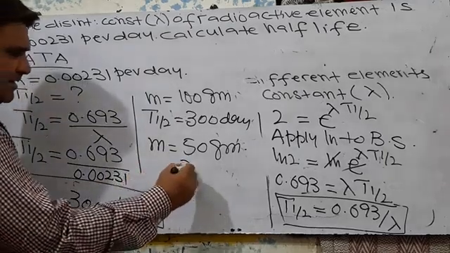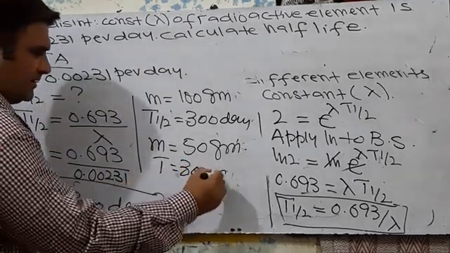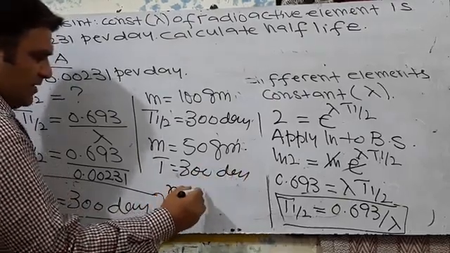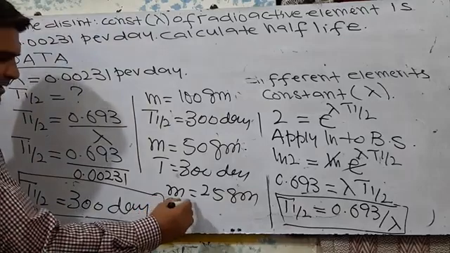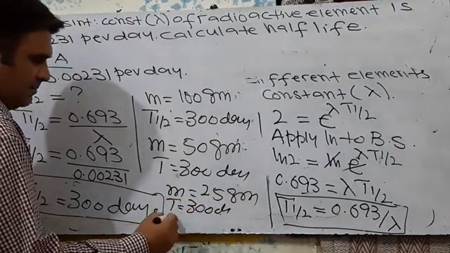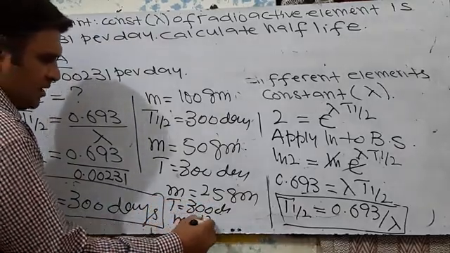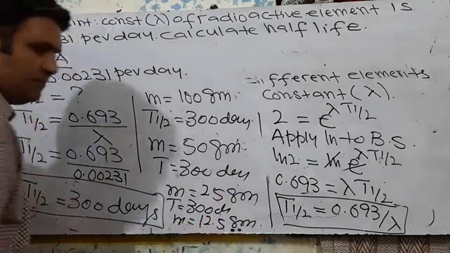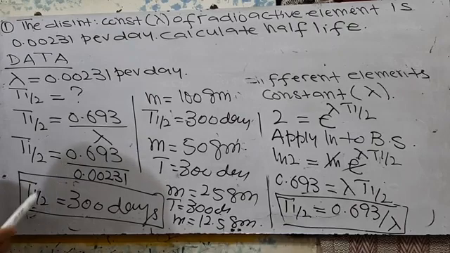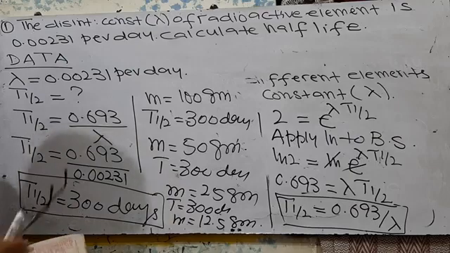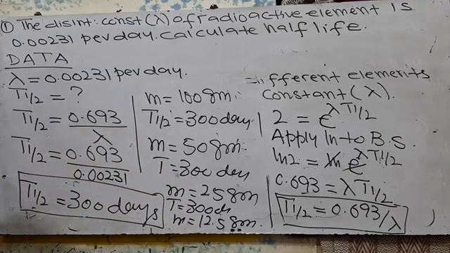After 300 days, its mass will be equal to 25 gram. After 300 days, its mass will be 12.5 gram. So after every 300 days, its mass will be halved, and this system goes on. Now second numerical. Hope you understand this numerical.